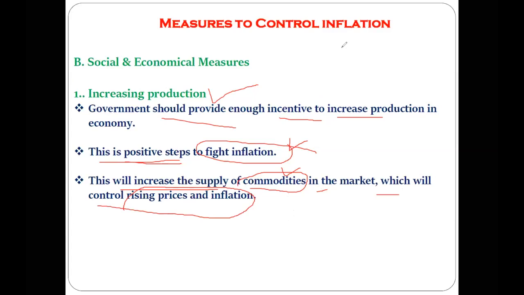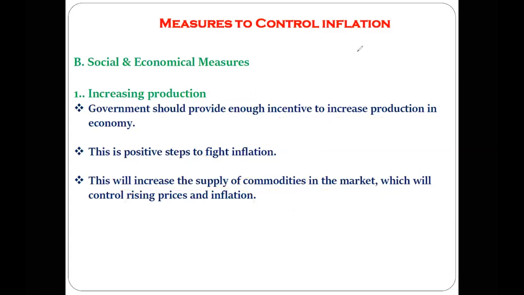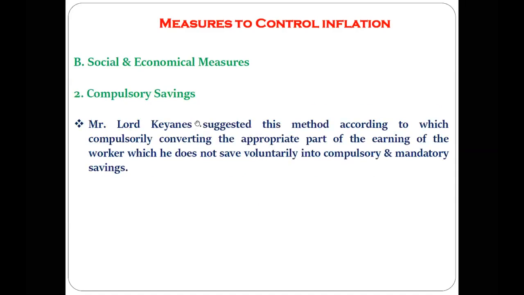And if the demand gets satisfied correctly, then there are fewer chances that prices of these goods and services will cross a certain limit. And if the prices of the goods and services remain in a certain limit, then definitely the inflation can be controlled in a better way.